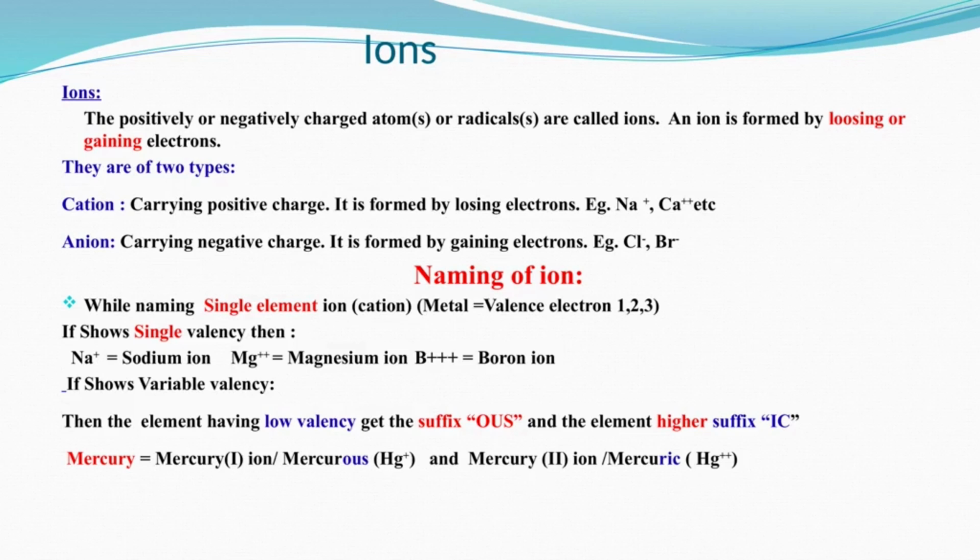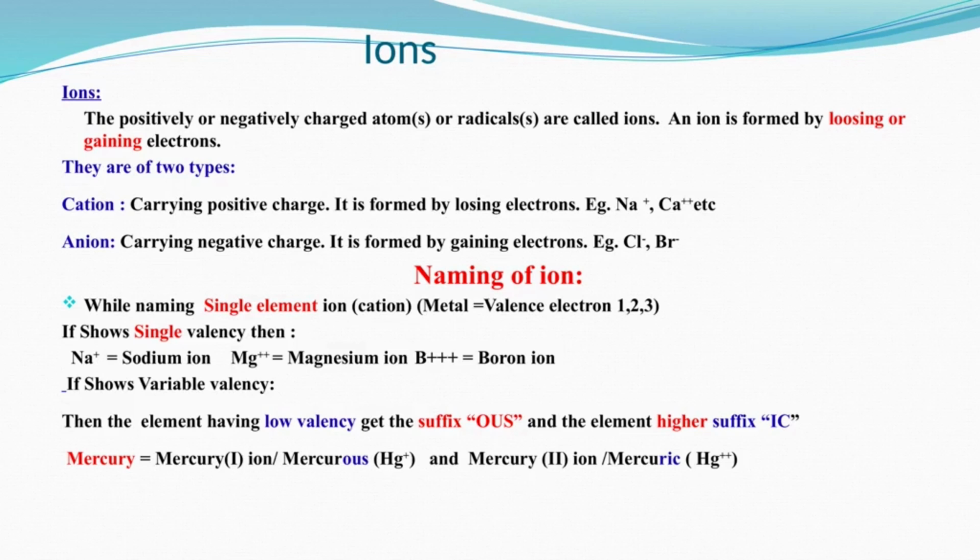Only when there is a transfer of electrons between atoms will they have ions or a charge on them. So, like radicals, they are also of two types, that is cations. Cations means having a positive charge, and they are formed by losing electrons, for example Na plus, Ca2 plus. Other examples are also there.